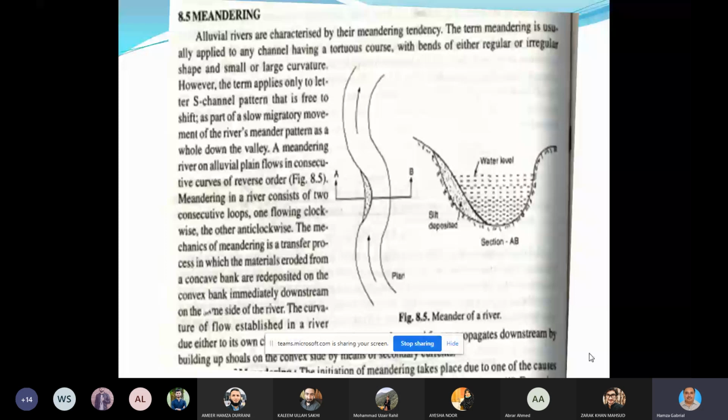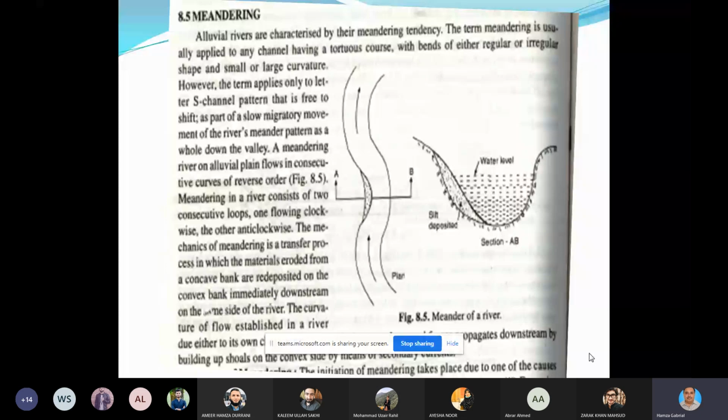Then coming to meandering. Alluvial rivers, as we have seen, are mainly characterized by their meandering tendency. The term meandering we use mainly for those channels which have a tortuous course with bends of either regular or irregular shape, and the curvatures may be small or large.